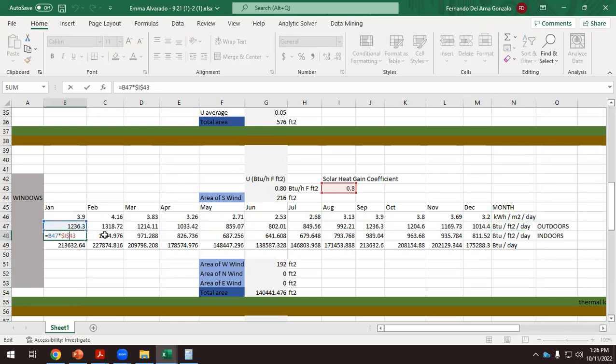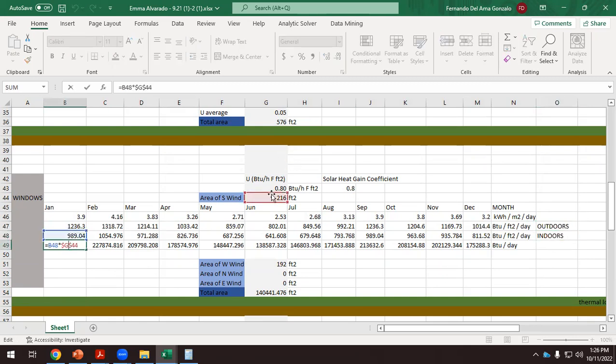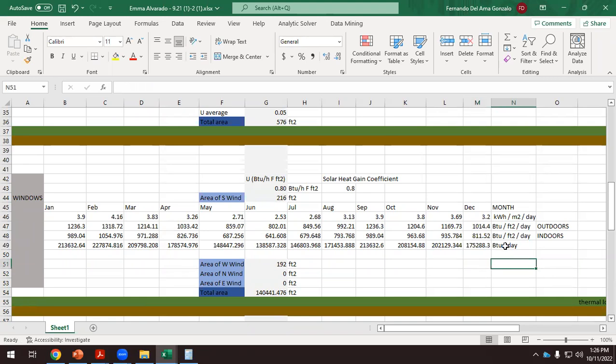Then here I'm multiplying this times the solar heat gain coefficient. So that's the difference between the outdoors solar radiation and the indoor solar radiation. And finally, here I multiply times the area of the windows, and make sure that we always have this cell multiplied by the area of the windows here. And the units are BTU per day.